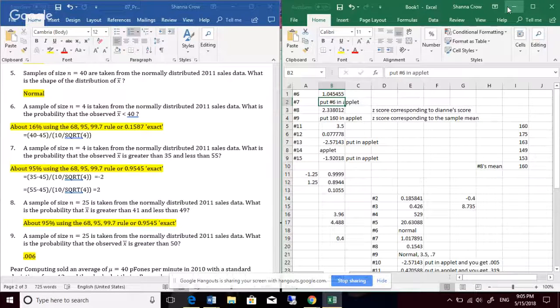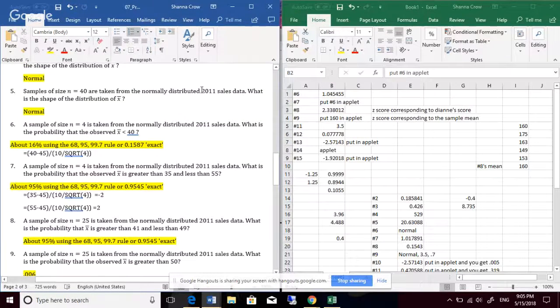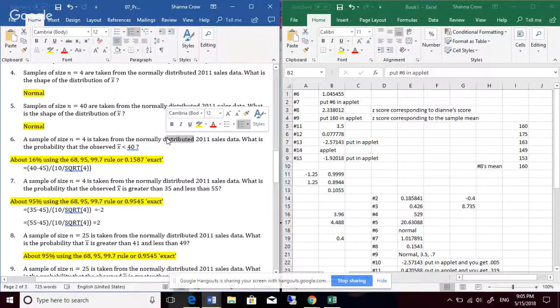So this one, because it says probability, we know we're going to have to do the applet. But because these questions are now talking about distribution and sample, we're going to be using the sample mean formula.